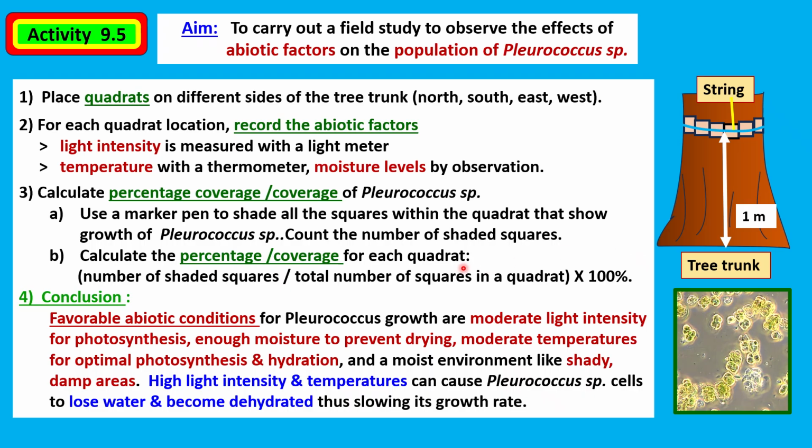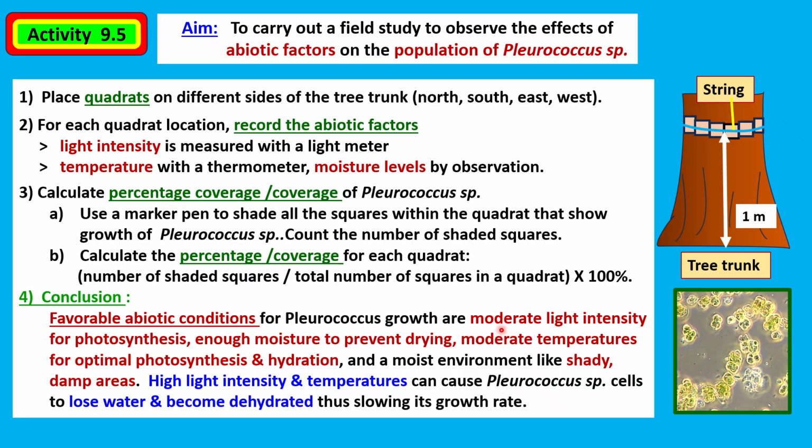Then for each quadrat, you correlate the growth of the Pleurococcus and the percentage coverage with the abiotic factors to find out what levels of the abiotic factors are suitable or favorable for the growth of Pleurococcus. So the conclusion is that favorable abiotic factors or conditions for Pleurococcus growth are the following.